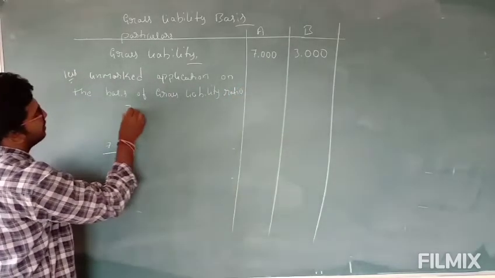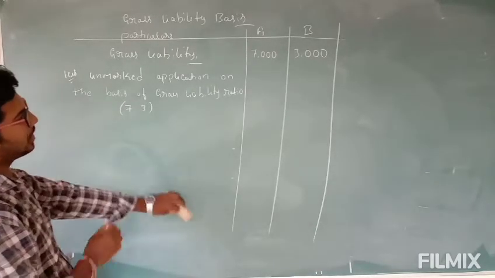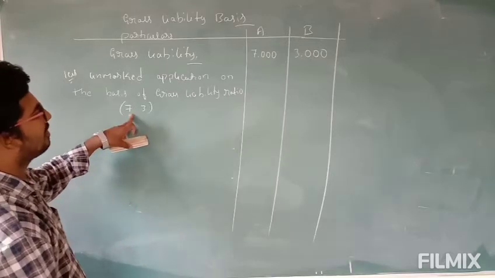The gross liability ratio is 7:3, so it is 7,000:3,000. You can cancel the zeros directly, and if you simplify, you will get 7:3.